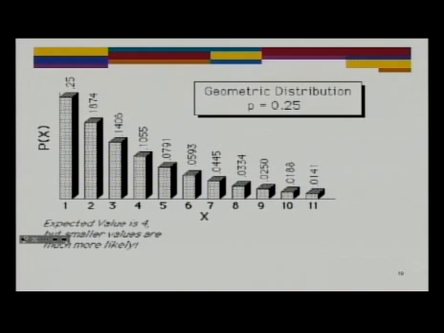This screen just tells you that, from this graph, the expected value is 4, okay? But you can see that the smaller values are much more likely to happen. Obviously.